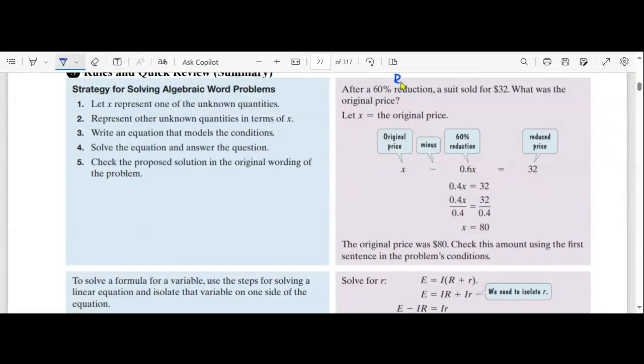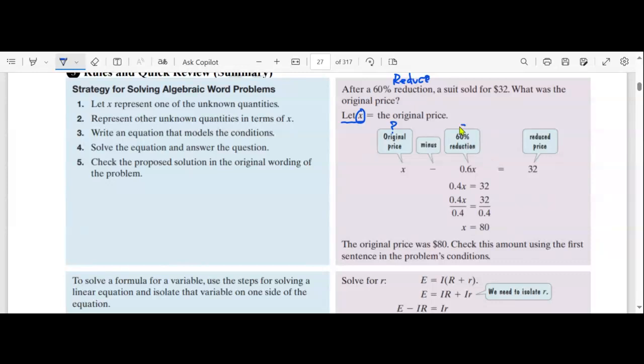Is it good or bad? It's good. When you get a reduction, you are subtracting it from the original price, right? Do you know the original price? No. So if there is something that you don't know, you use the variable X. So X is the original price minus how much discount you're getting?